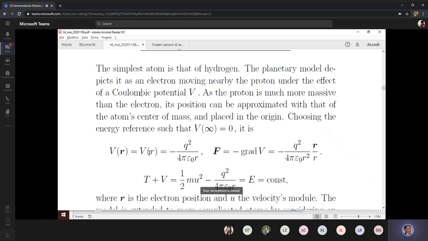It turns out to be minus Q squared over 4 pi epsilon 0 R squared times a unit vector, that is the vector R connecting the nucleus with the electron divided by the modulus R. The total energy, if we indicate with T the kinetic energy, is of course T plus V. The kinetic energy is 1/2 m u squared, in which u is the modulus of the velocity of the electron.